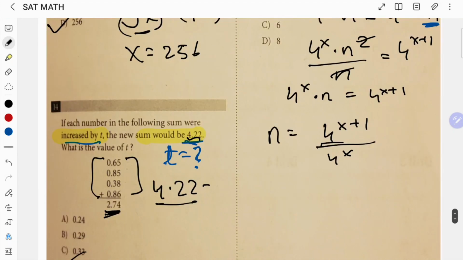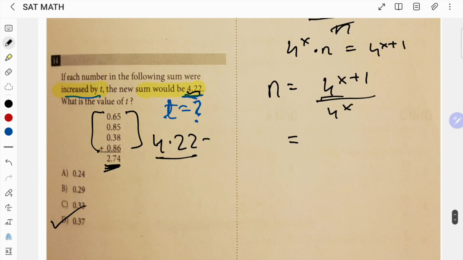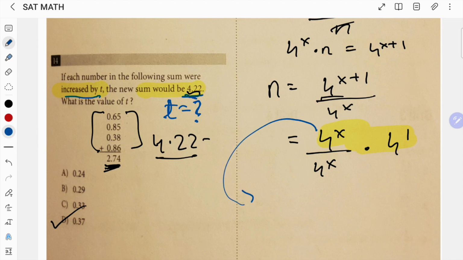See, actually in the book they use the trial and error method, but here in the SAT, the smart way, we do it in a much easier and more conceptual manner. So this can be written as 4 to the power x into 4 to the power 1 divided by 4 to the power x, because this is actually equal to 4 to the power x plus 1.